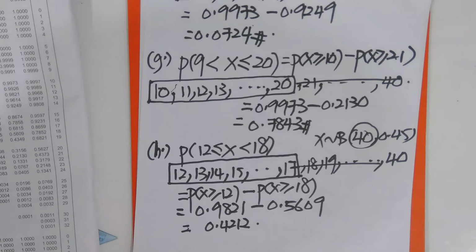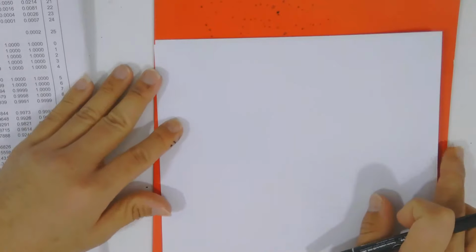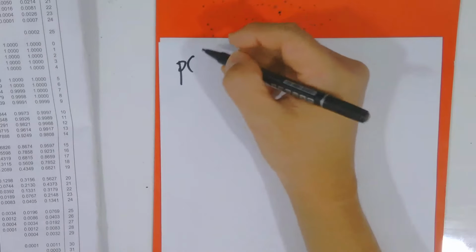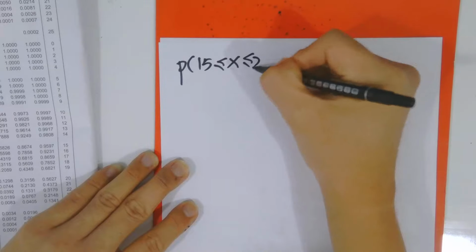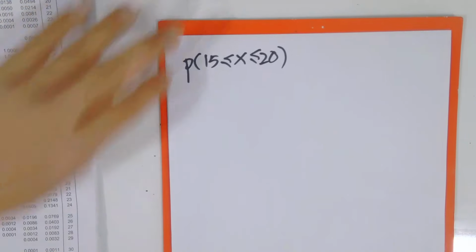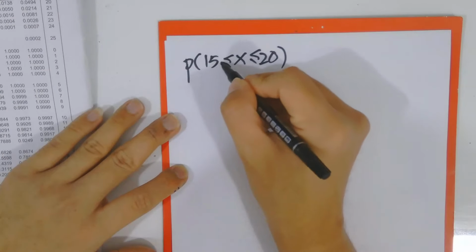Last example for you. In case I give all the positive ones so that you don't have many references. Now let's say they're asking for the probability between 15 and 20. You just take 15.